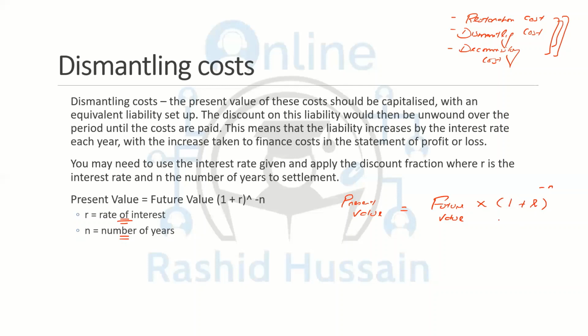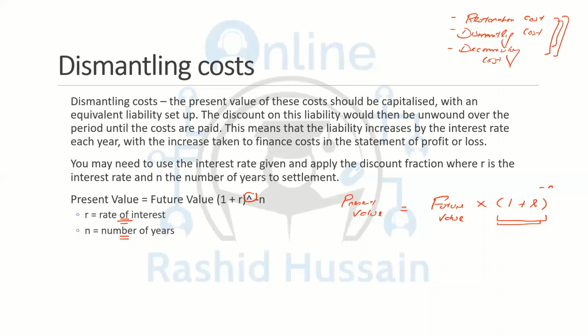Sometimes this portion is solved within the exam, but many times you're going to calculate it. How can you do it? You have scientific calculators, or the built-in calculator within your CBE system. You take 1 plus r; let's assume it is 10%, so you take that as a decimal, 1 plus 0.1. Then raised to power is the exponent sign, which you can clearly see on the calculator.